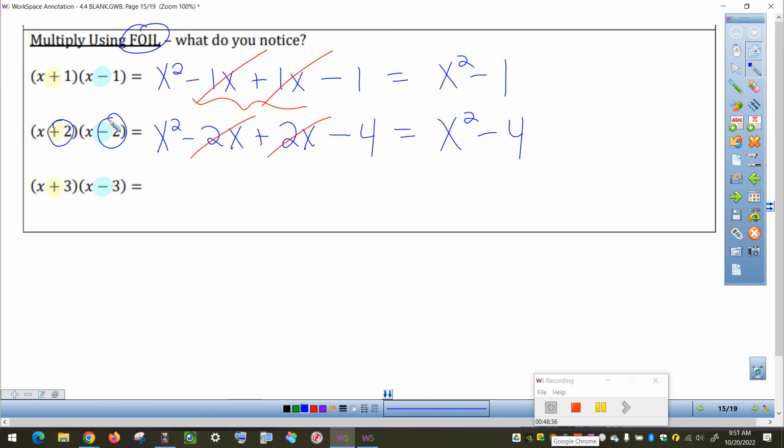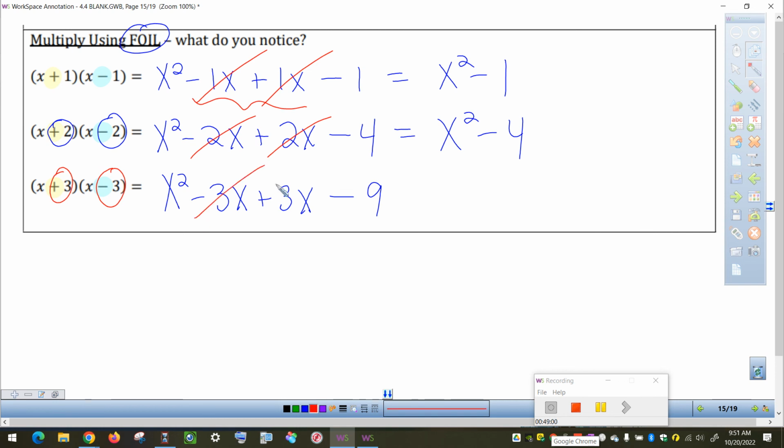Gives us negative 4. Let's look at the next one. Now when we do the last term times the last term, positive 3 times negative 3 is negative 9. And look, the terms in the middle cancel again. So we get x squared minus 9.